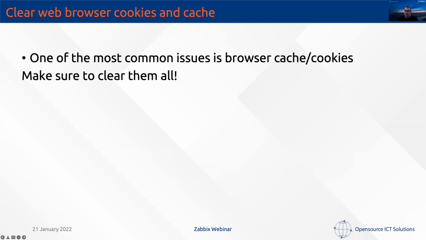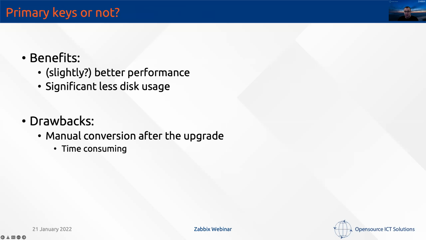Now let's get back to the primary keys, or not. With the introduction of Zabbix 6, we suddenly have primary keys on all history tables. And there are a few benefits, better performance, and it really depends on who is answering this question how much performance increase you have. Some say around 30%, others say just a minor improvement.